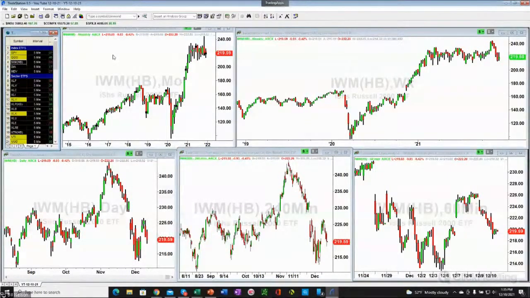So the Teslas, the Apples, the Microsofts, the Googles, or Alphabet, or Meta, Facebook, Netflix, those companies are called mega caps because the value of all of those shares outstanding is in the tens of billions of dollars.